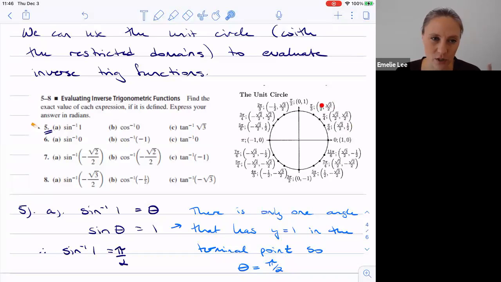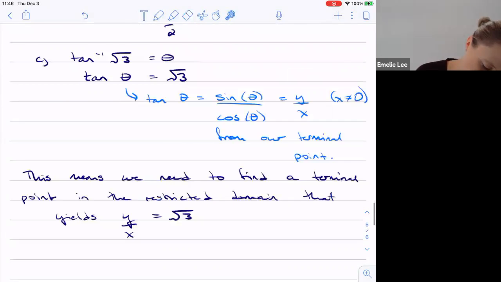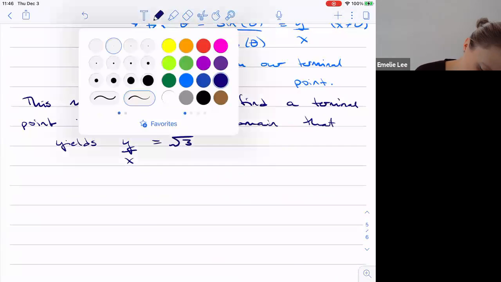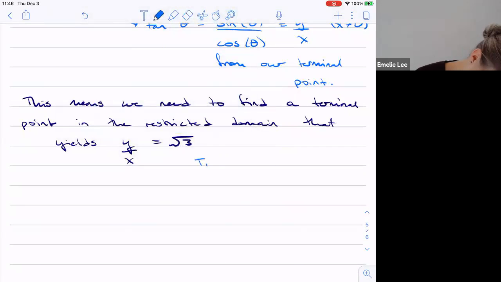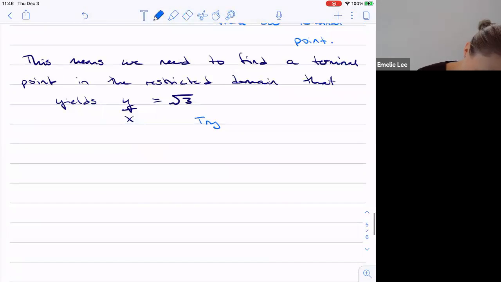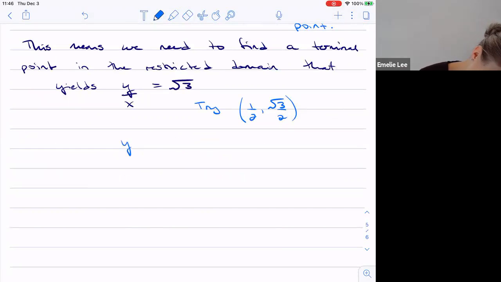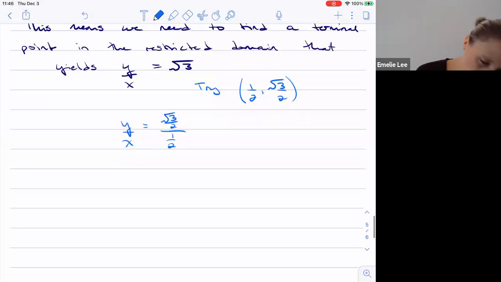Okay, so we try 1/2, root 3 over 2. Then y over x is going to be root 3 over 2 divided by 1/2.